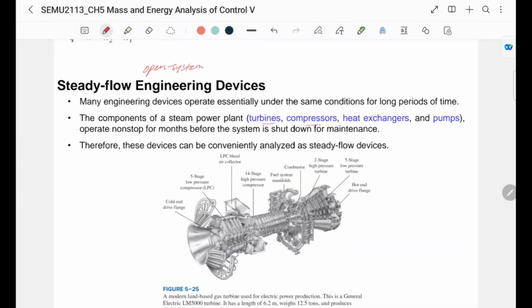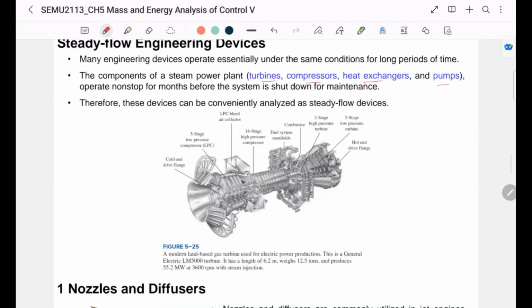But there are more examples such as heat exchanger and pump, but we won't go into every single one of them, mainly because of the time constraint. So we'll look at the general concept, and then you should be able to apply it to the rest of them.